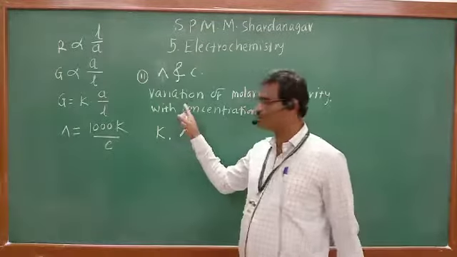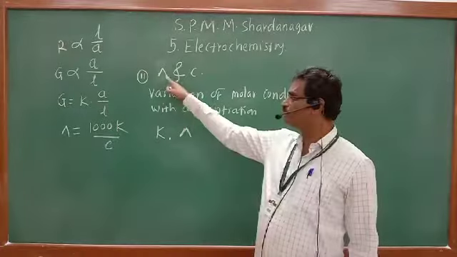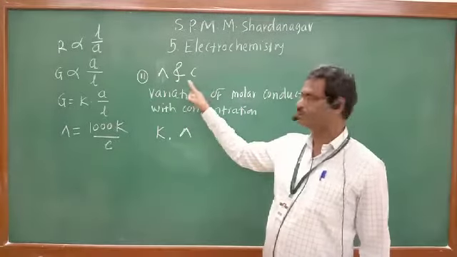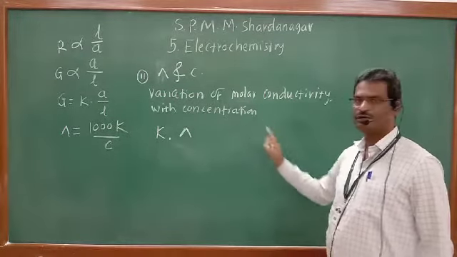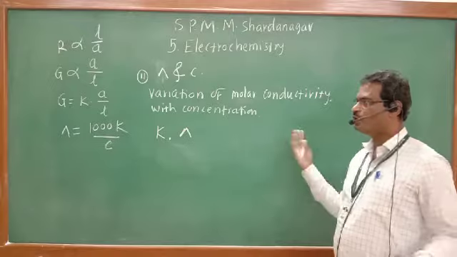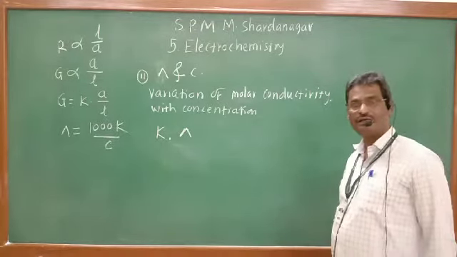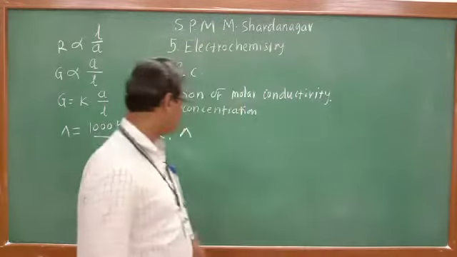Now here we have to study theoretically how capital lambda is inversely proportional to C. What is the variation of molar conductivity with concentration, or how molar conductivity and concentration are inversely proportional to each other. Now see this concept.